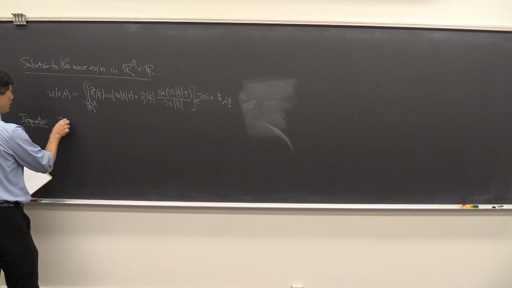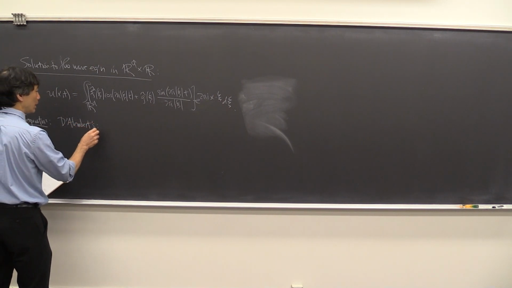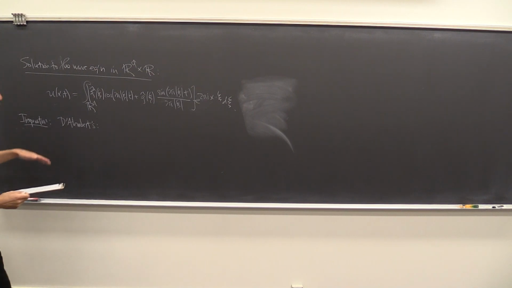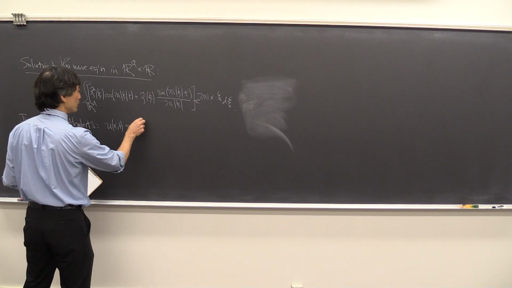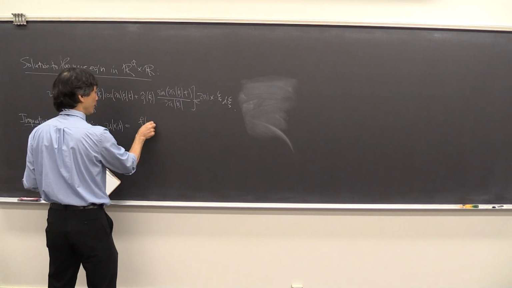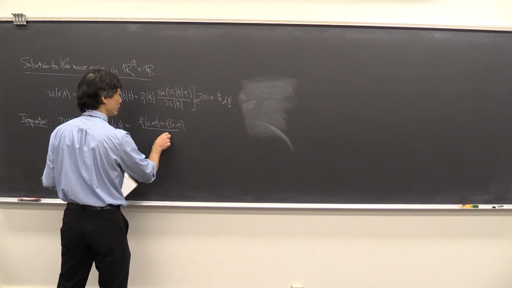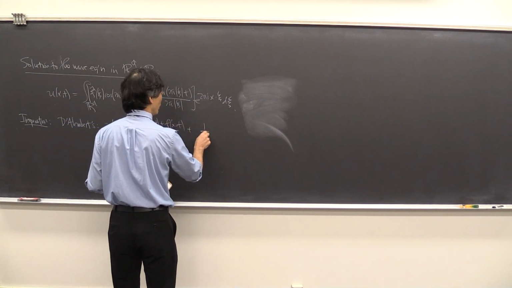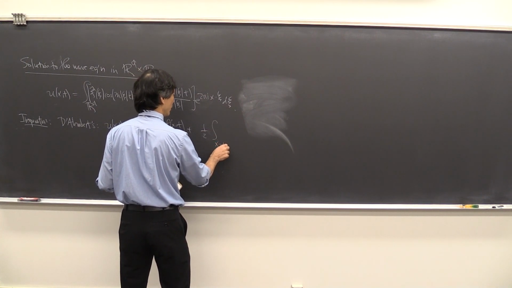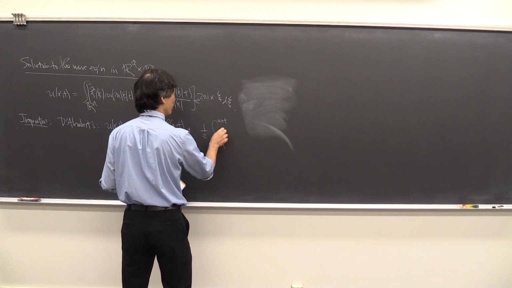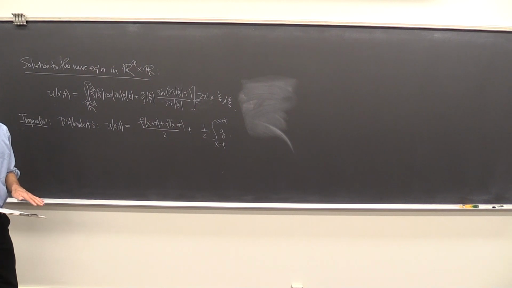Way back in the first chapter, we did D'Alembert's solution to the wave equation in R^1, and it turned out to be u of x, t equals f of x plus t plus f of x minus t over 2, plus 1/2 the integral from x minus t to x plus t of g, right? And that was D'Alembert's solution.